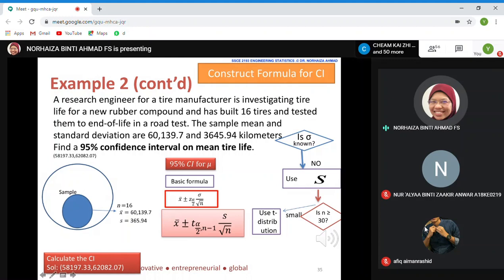For this distribution, everything else you can just plug in the figures. This is x bar, this is your S, this is your n. Again, it is 0.95 in the middle because it's a confidence interval that you would like to have. And you need to look at the T15 distribution.